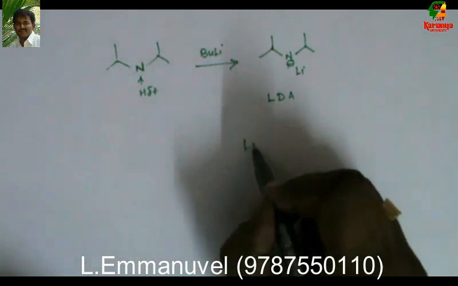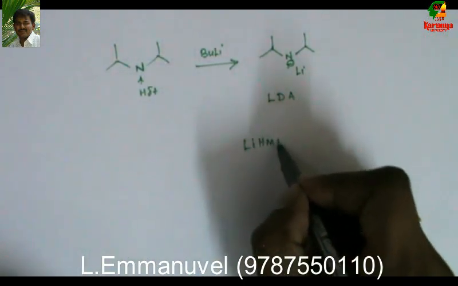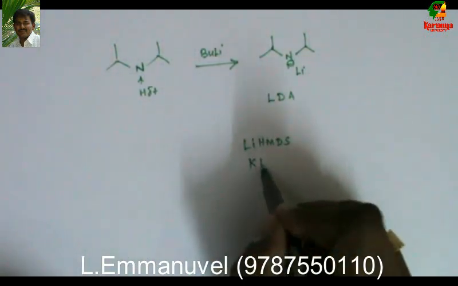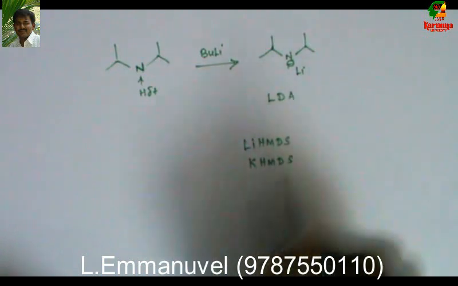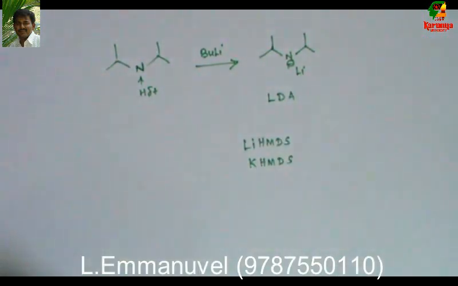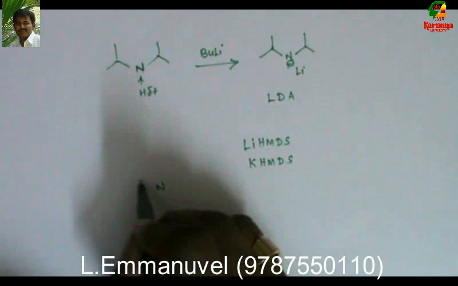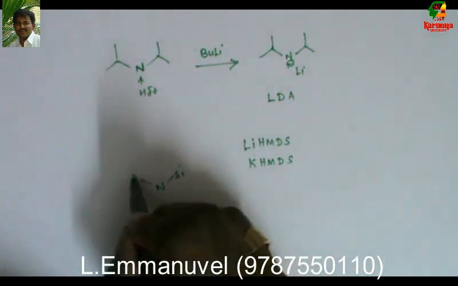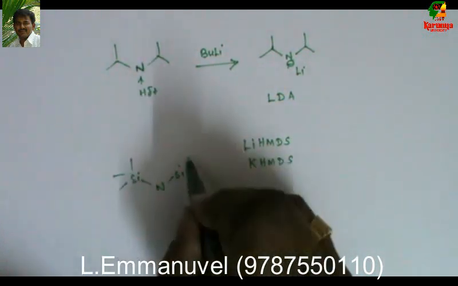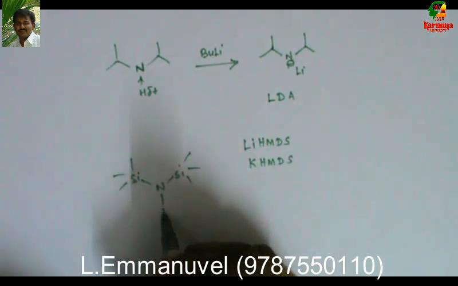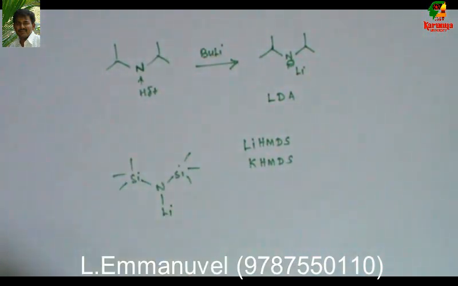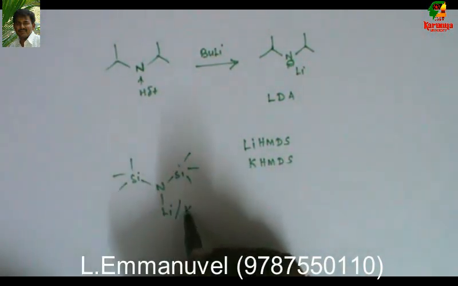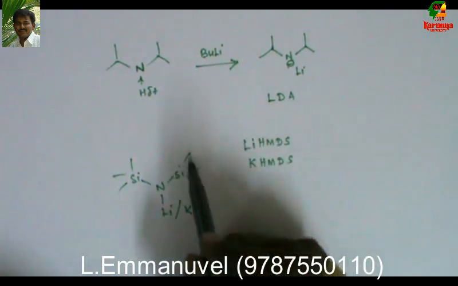Similarly, we have LiHMDS or KHMDS, hexamethyl disilyl amide. The structure will be like this. Here, whether it is lithium or potassium, based on that we call it lithium or potassium hexamethyl disilyl amide.